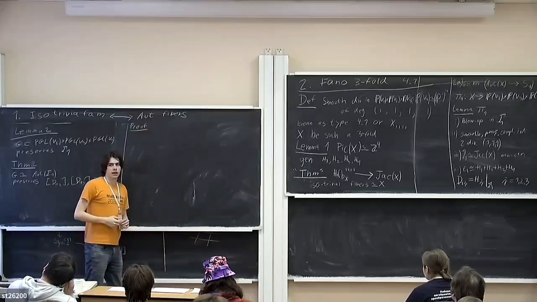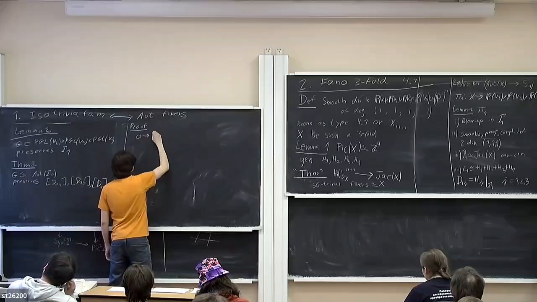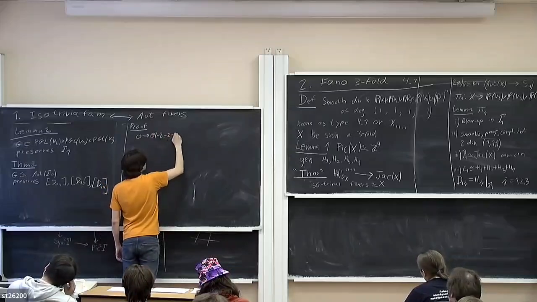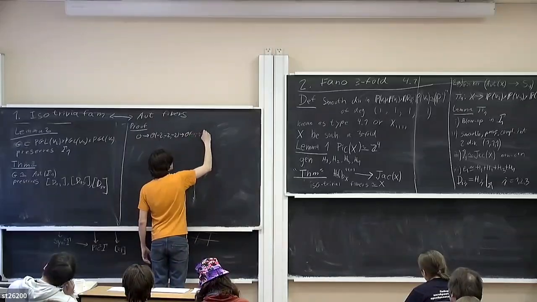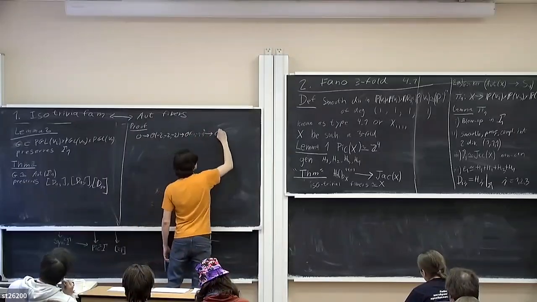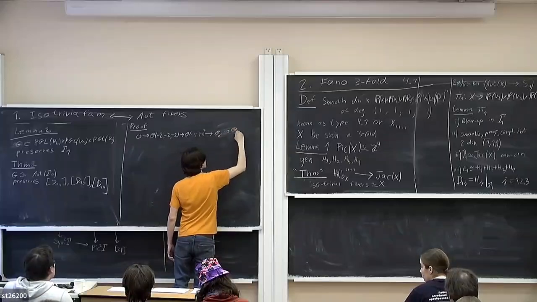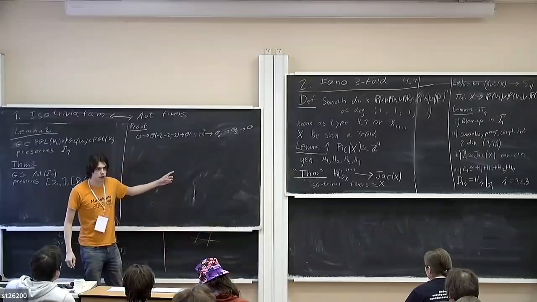We have a resolution of the structure sheaf of gamma 1 as follows. It's just the Koszul resolution because gamma is a complete intersection.